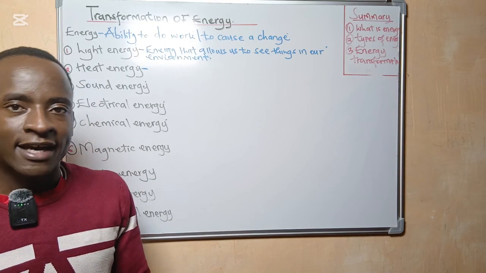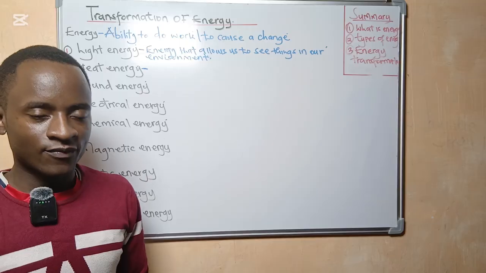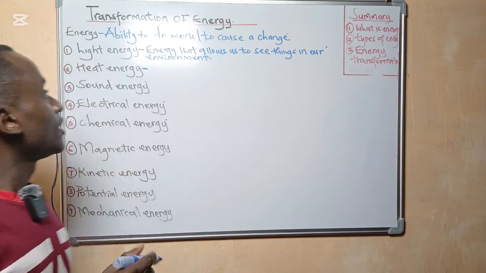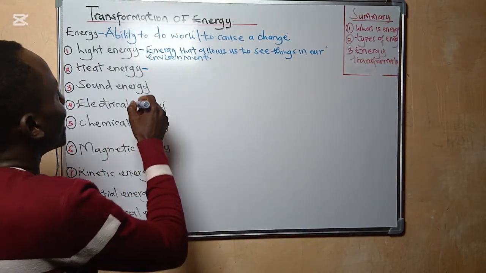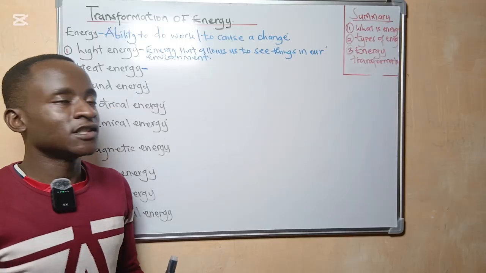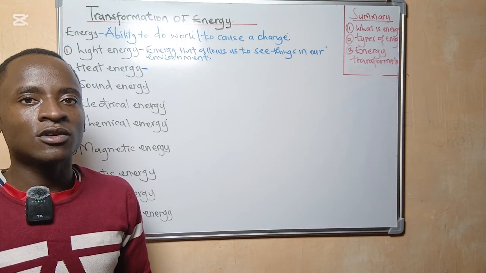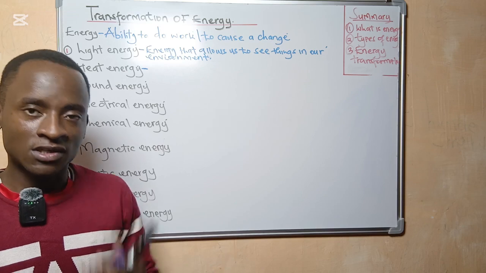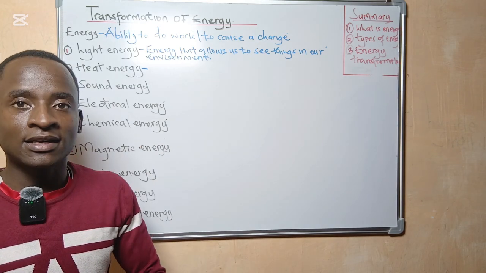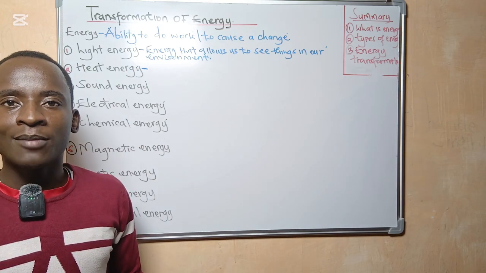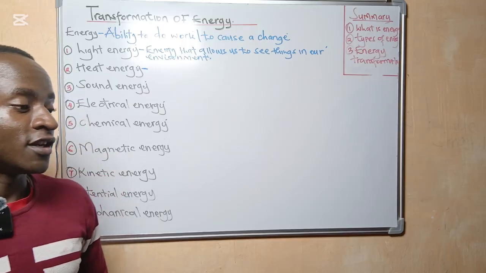What do you understand by heat energy, if I may ask? Heat energy is a form of energy a body has because of its temperature. This is what we mean by heat energy.